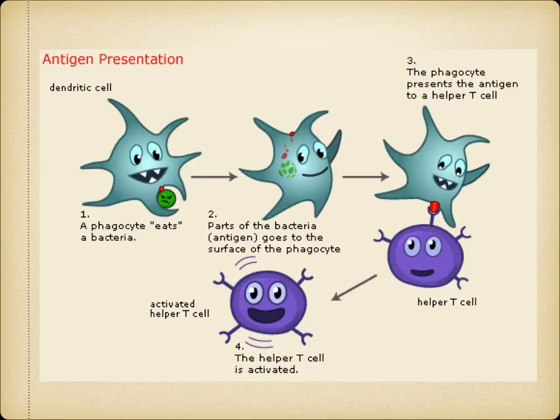So here's another sweet diagram to show how a phagocyte engulfs the bacteria and digests it, presenting the antigen on its cell surface. The T helper cell in purple there attaches to the processed antigen on the macrophage and becomes activated, making it capable of interacting with B lymphocytes.